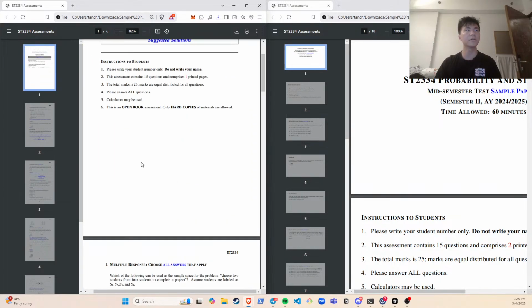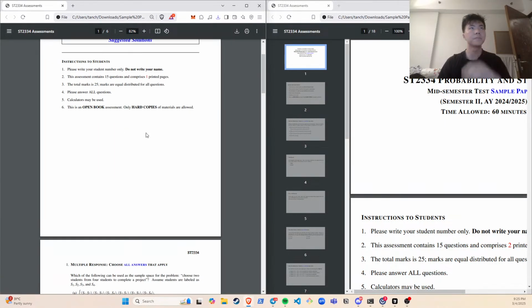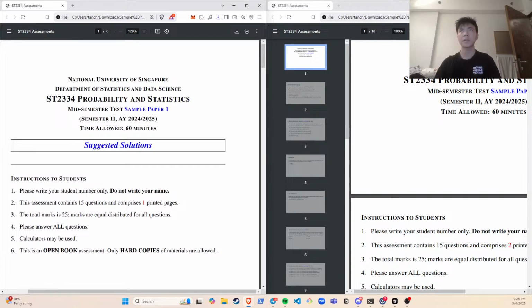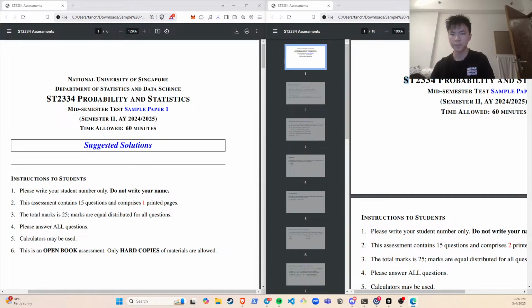Okay, so here we go. I'm gonna open this in Microsoft Edge because Microsoft Edge allows me to write over the file.